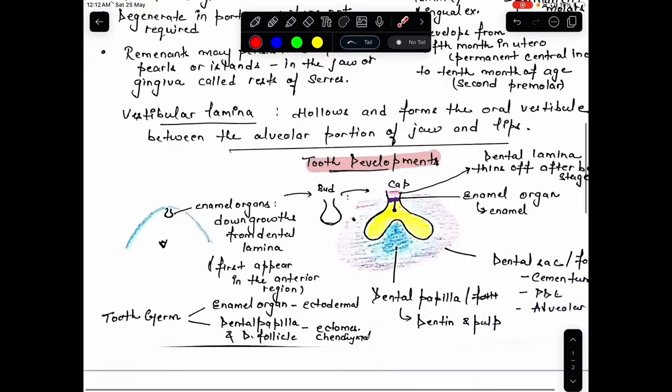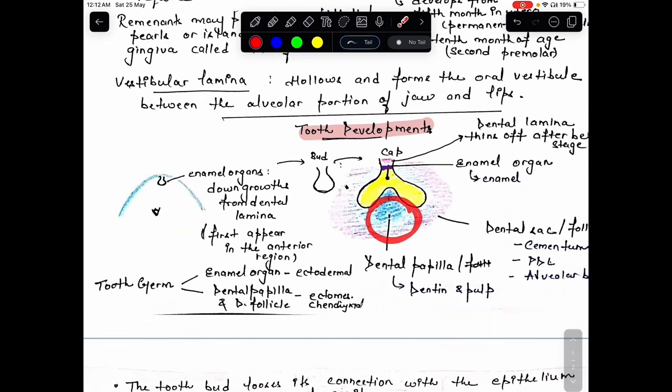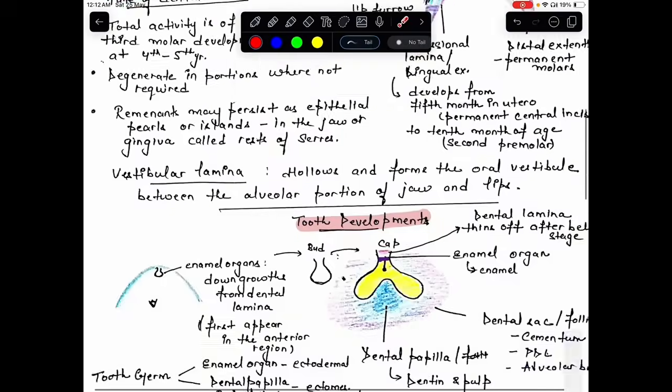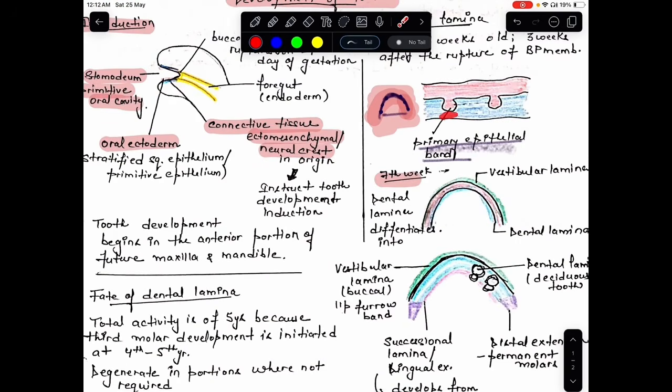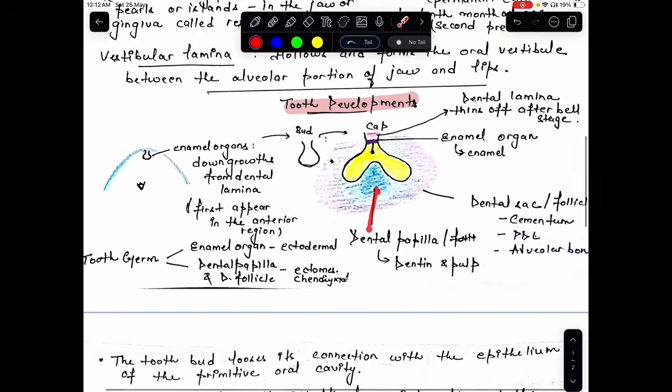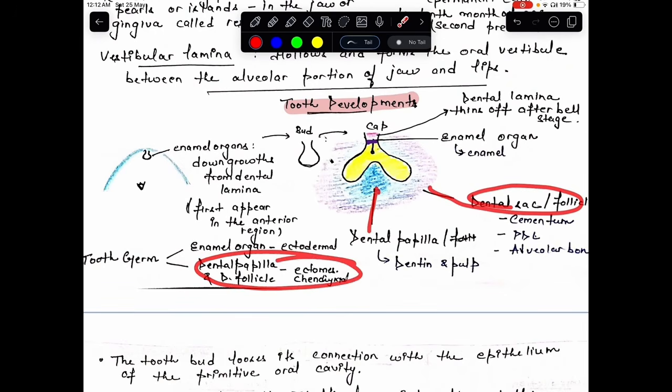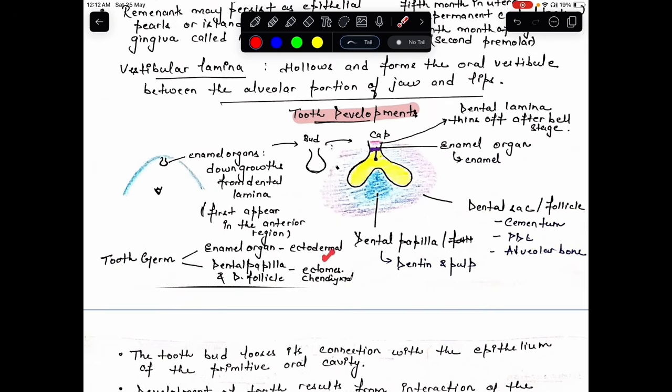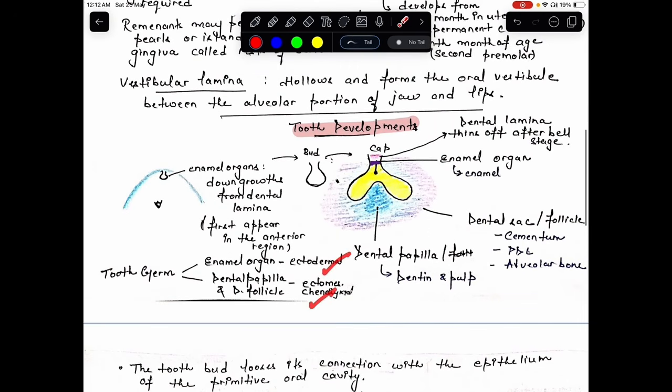But the dental papilla is the ectomesenchymal condensation. This blue thing came from the neural crest cells, which were ectomesenchymal in origin. So the dental papilla and the dental sac are ectomesenchymal in origin. This is very important: the tooth germ is ectodermal and ectomesenchymal in origin.